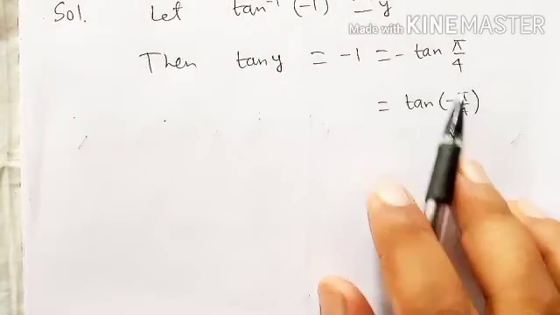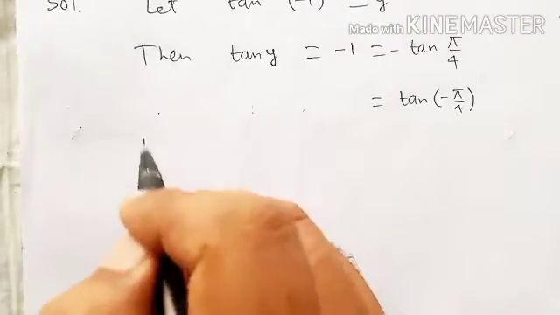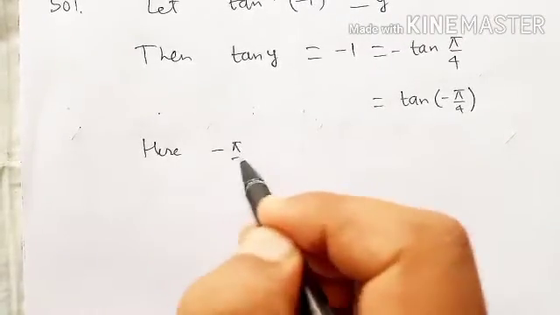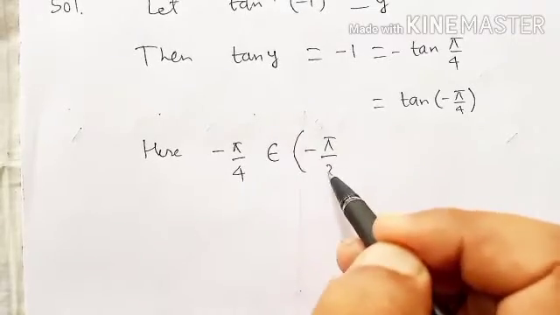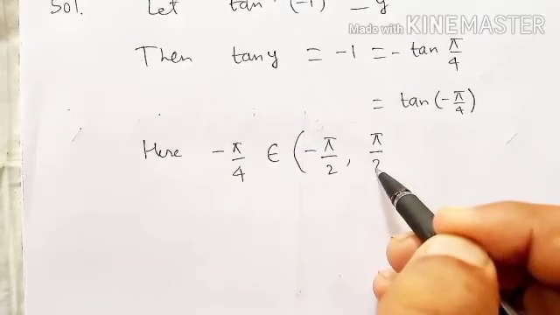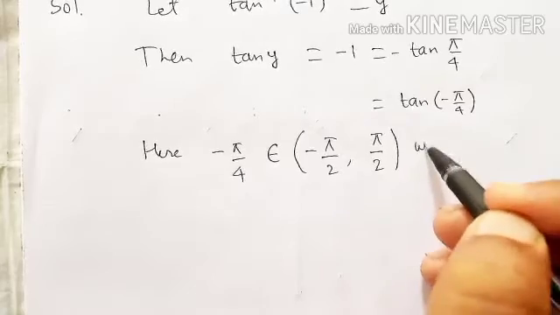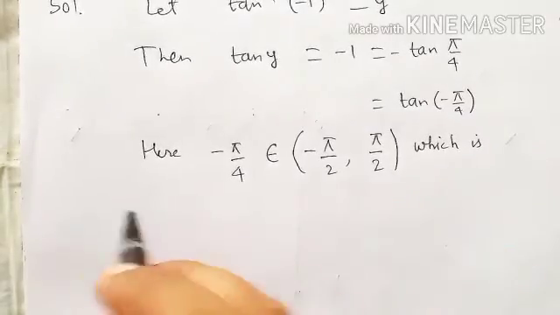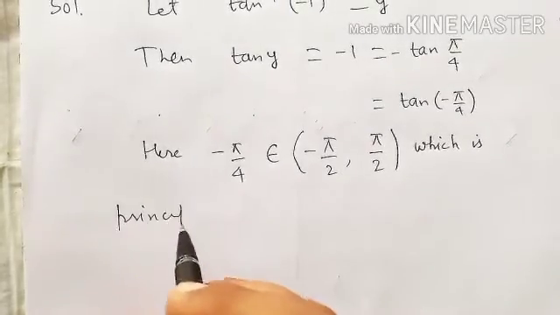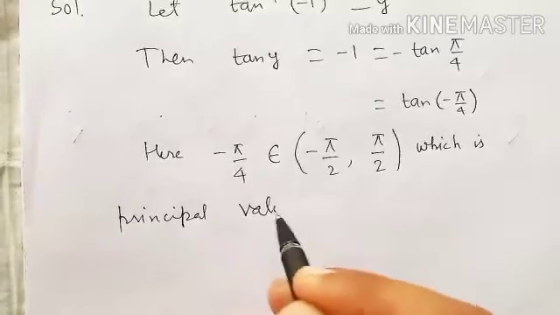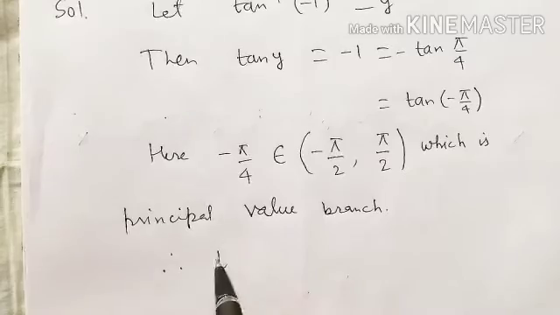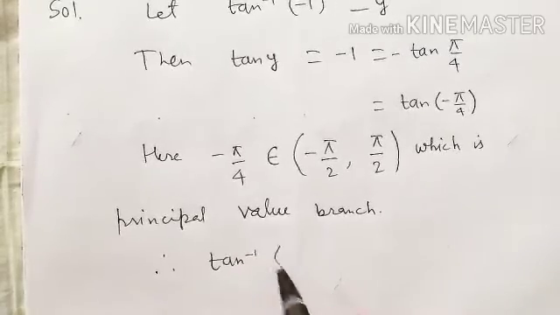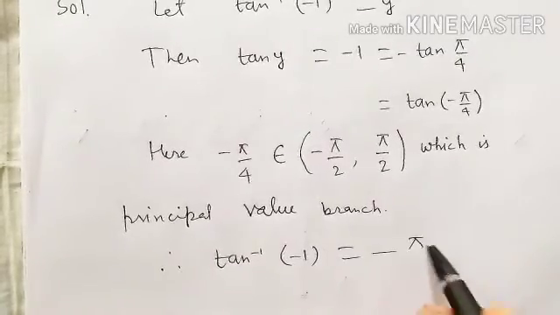We have taken minus pi by 4 here, which belongs to the open interval minus pi by 2 to pi by 2, which is the principal value branch. Therefore, tan inverse minus 1 is equal to minus pi by 4.